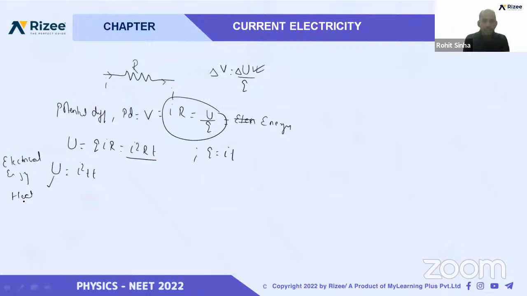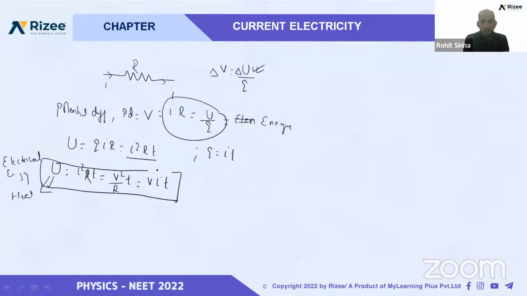Usually electrical energy is dissipated in the form of heat. And we can also write I square RT as V square by R into T. You know where these formulas come from. And also VIT.